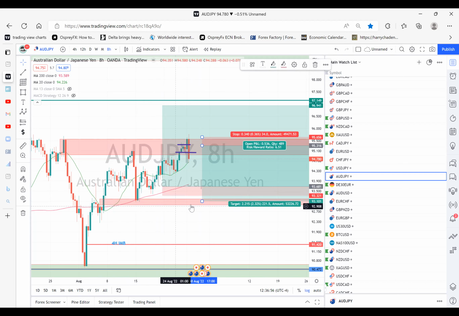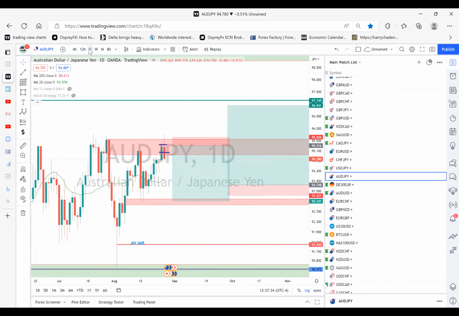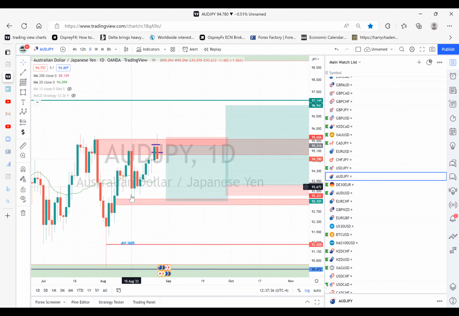I mean, it's a nice setup for the lower time frames though. How do I move this without changing the thing? Oh, there you go. Oh, actually, on the daily fib, the 78.6 ends at about where you marked out, about 93,600.